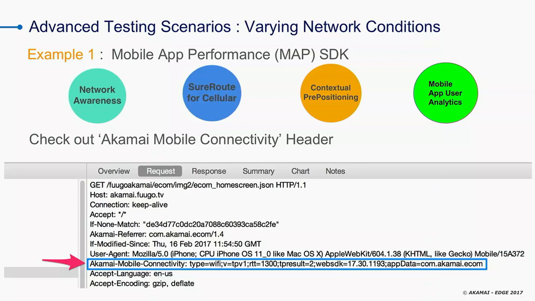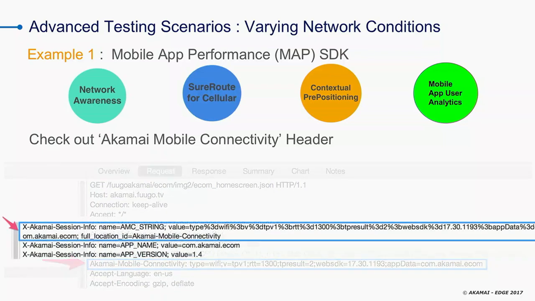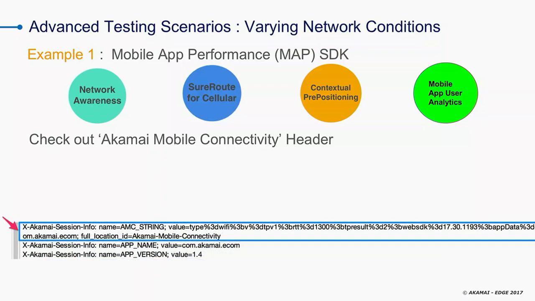This is a request header that the SDK sends automatically once the integration is successful. Akamai will respond back with the pragma header x-akamai-session-info. You just need to look out for AMC_string. If this is there, it means that yes, Akamai is understanding the integration that is done and it's successful. It's a very good thing to look at.